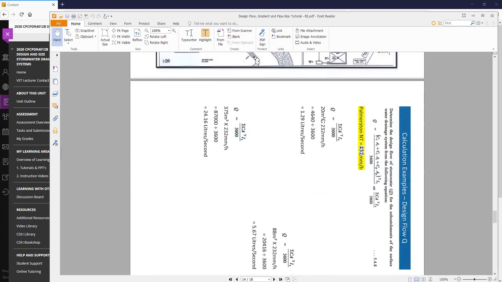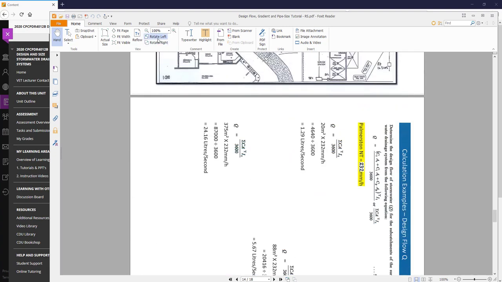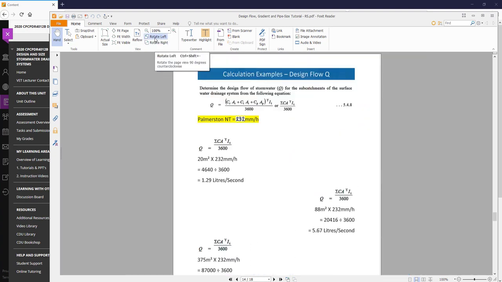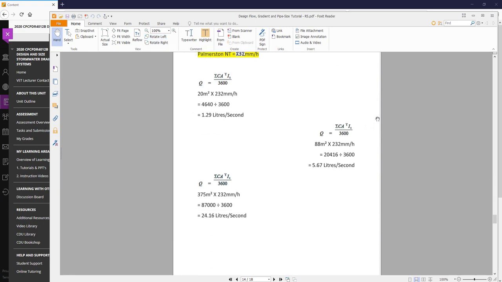So we'll go back, have another look, rotate left. We'll do another calculation, 88 square metres, 88 times the rainfall intensity for Palmerston, which is 232, times that together and you get 20,416, and then we have to divide that figure by 3,600 to end up with 5.67 litres a second.